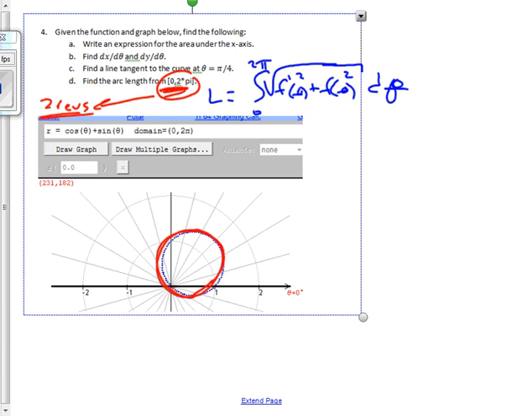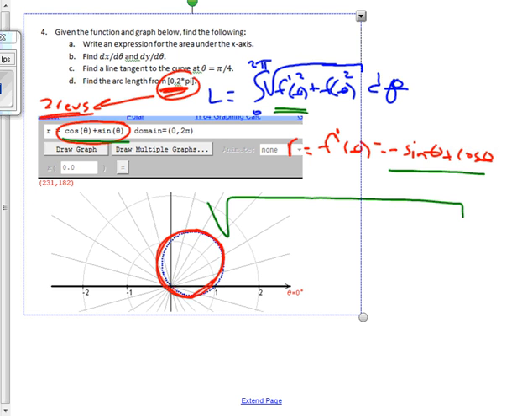Let's do this work now. We know that f of theta is that, and f prime of theta, we're talking about r, equals negative sine theta plus cos theta. That is the derivative. So when we square these two, we're talking about the square root of doing the derivative squared first.